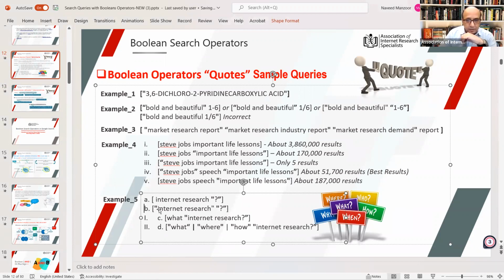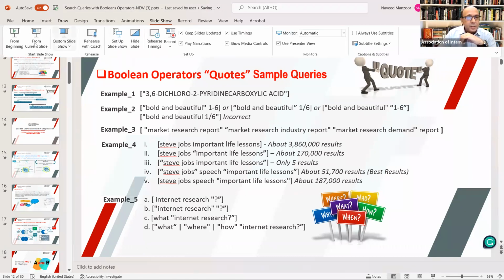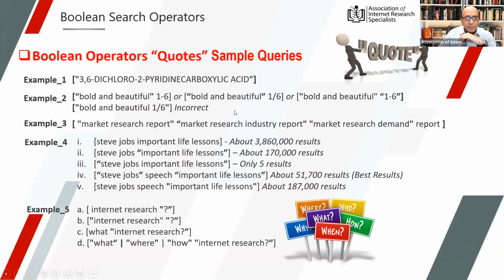So in A, you could see that there is a question mark placed inside of the quotes, and it is forcing the search. Literally, it's telling the search to look for the two words internet and research together, but somehow be associated with a question mark. It's not a complete question, it's just two words.